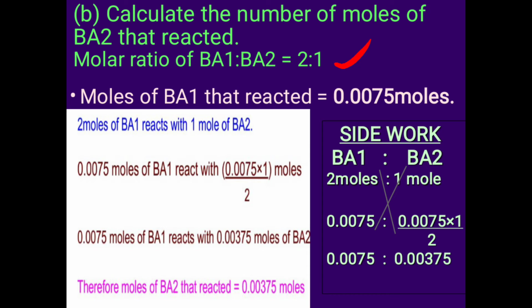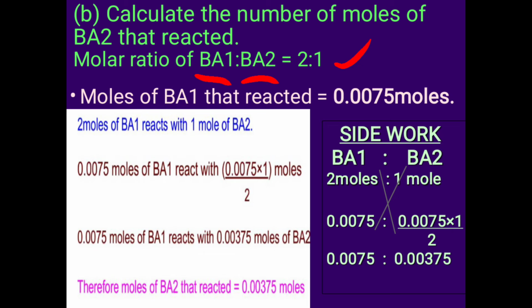We are having a molar ratio of Ba1 to Ba2. It is 2 to 1. So our calculations here are going to be very easy. Remember, we said we start from known to unknown. They have given us the molar ratio. What else do we know? We know the number of moles of Ba1 that reacted.